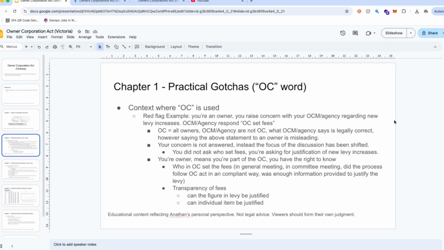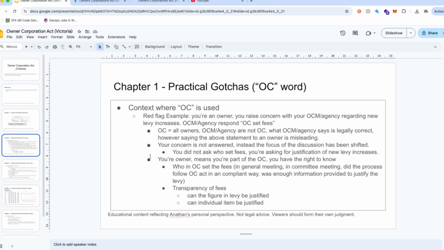The statement could be a bit misleading, because it seems like they are representative of the OC, which they are not, and when they said it, they may not mean to imply that. However, for most owners who might not know the OC well, it could be misleading as a first impression.